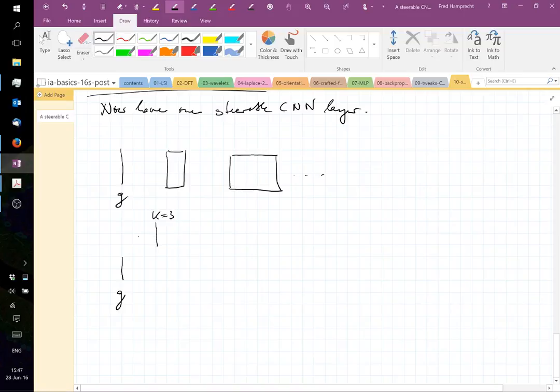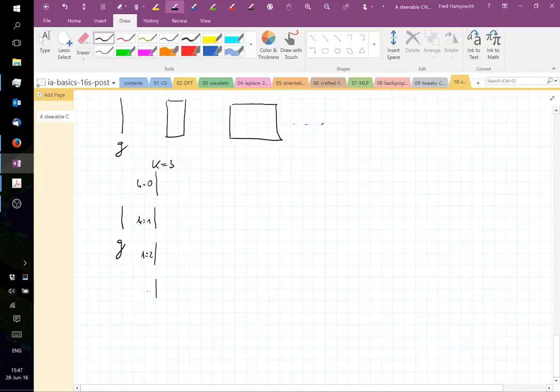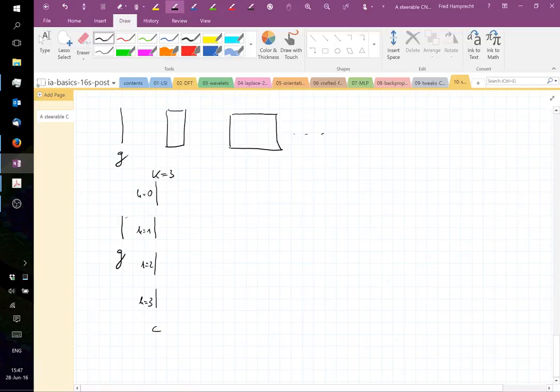Let's say this is my basis image for small k equals 0, small k equals 1, small k equals 2, and small k equals 3. And this entire thing, these are my maps C that result when I convolve my basis filters B with the input image G.